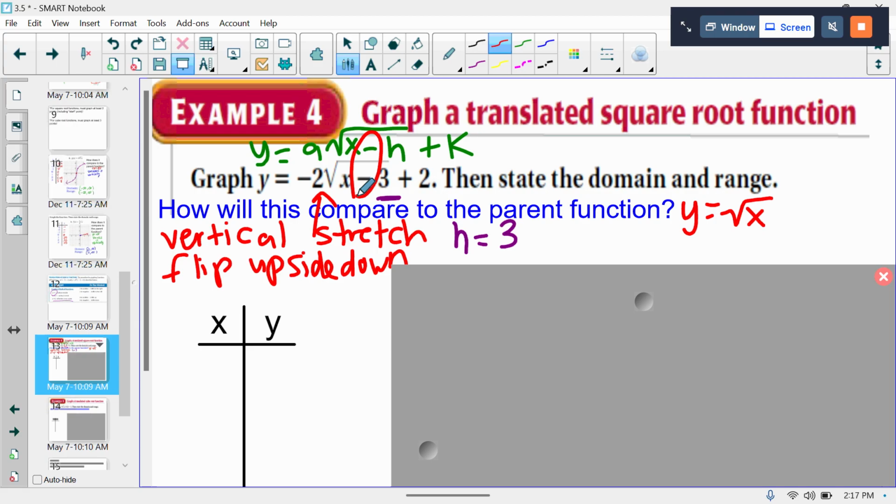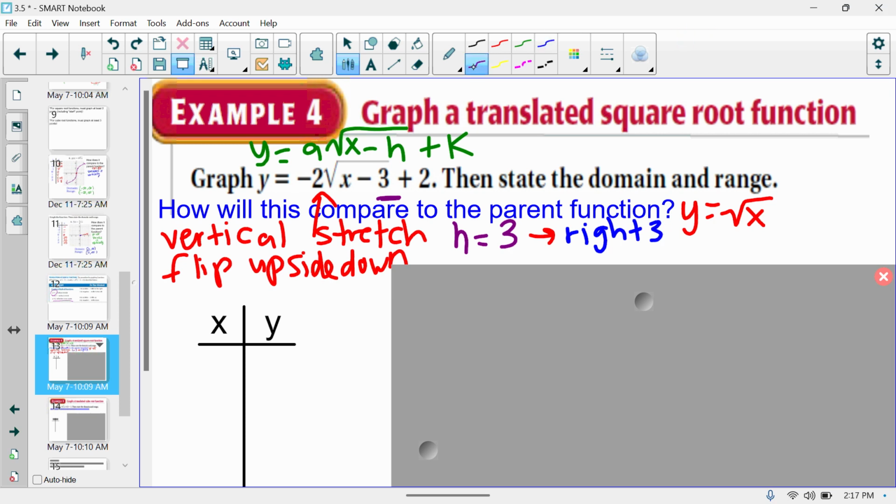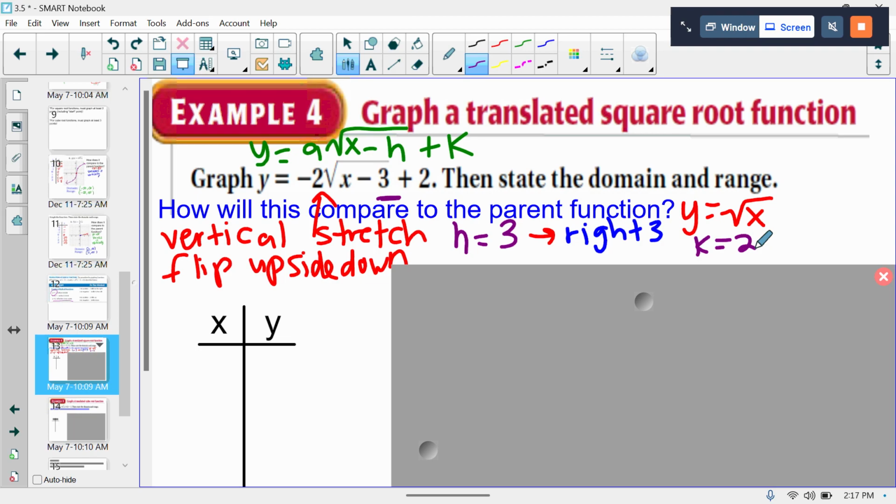So h is kind of like the number after the minus sign. It's positive 3. So what that's going to do is shift the graph to the right 3 units. Okay, and then k equals 2. So what that's going to do is shift it up 2 units, okay?